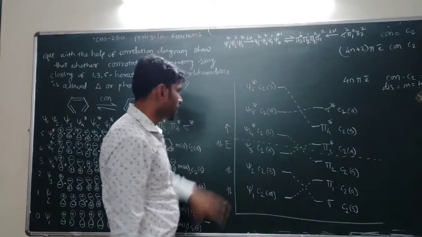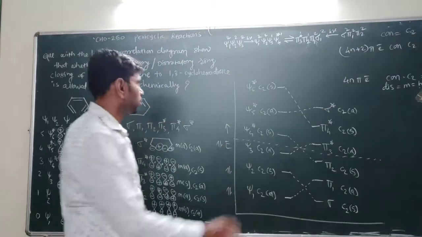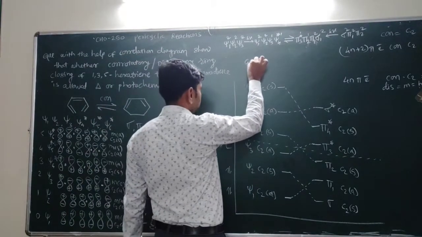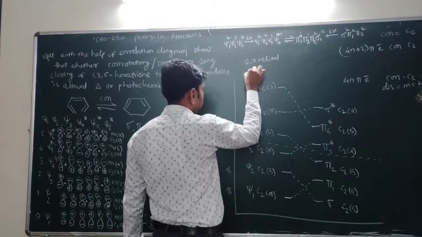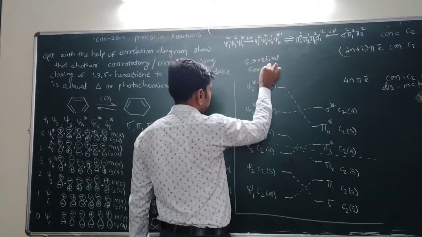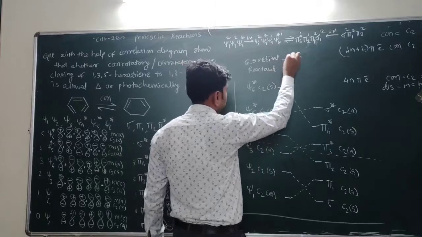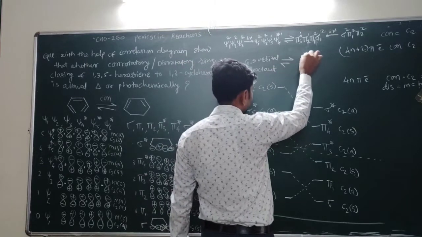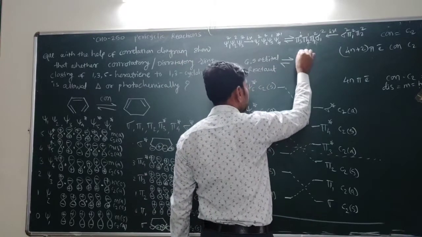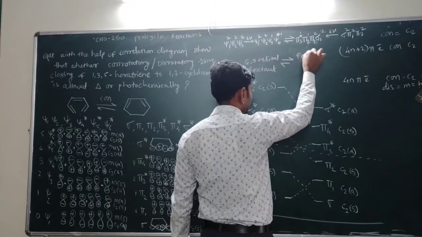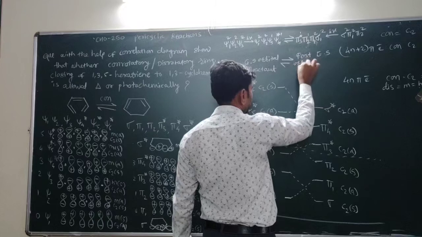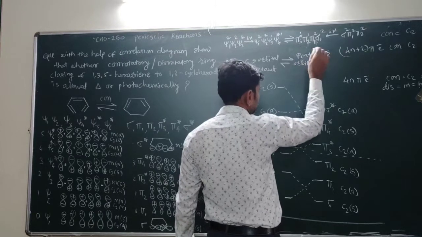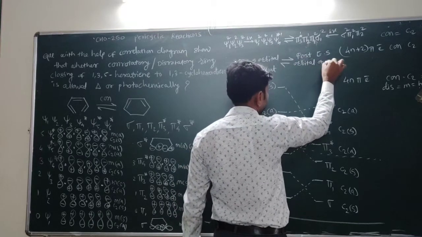So in this reaction, what is our observation? Our observation is that the ground state orbital of the reactant correlates with the excited state, we say the first excited state orbital of the product.